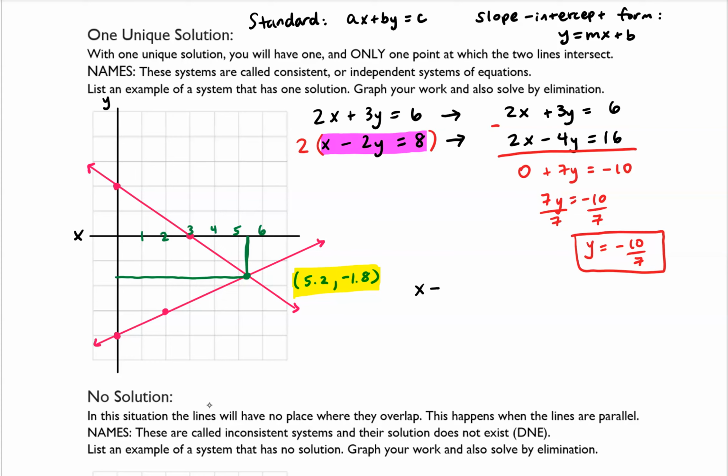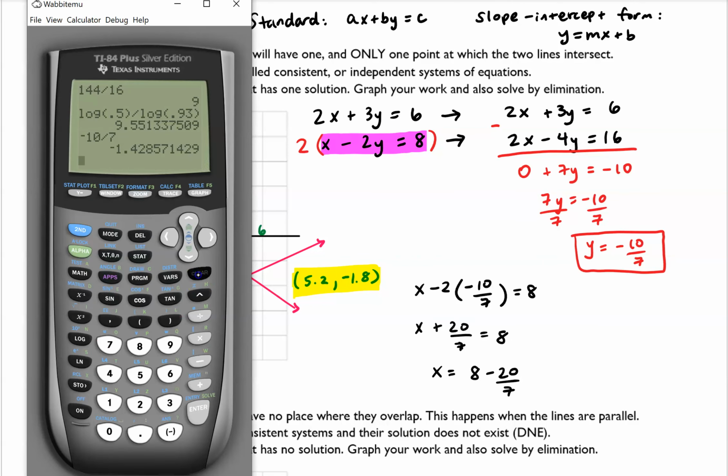So if I do that, I get x minus 2 times negative 10 over 7, which is equal to 8. And then if I multiply negative 2 and negative 10 over 7, that's going to become x plus 20 over 7 is equal to 8. And then I will get x equals 8 minus 20 over 7.